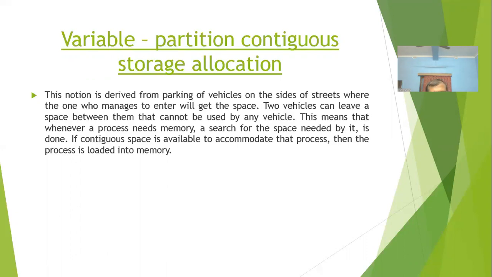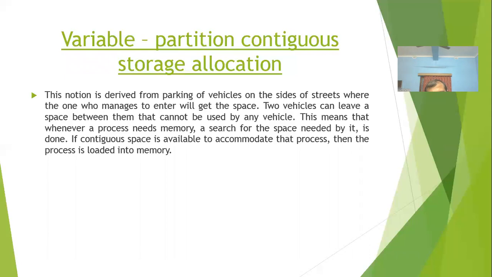Now, when you are entering the parking zone, you can see that there are several open spaces between two parked vehicles, but that location is not adequate or enough to park your own vehicle. That means you have to search for the exact place where you can park your vehicle. But you can easily see that at places there is a considerable amount of space between the parked vehicles. But in this case, there is some sort of wastage that we can see.